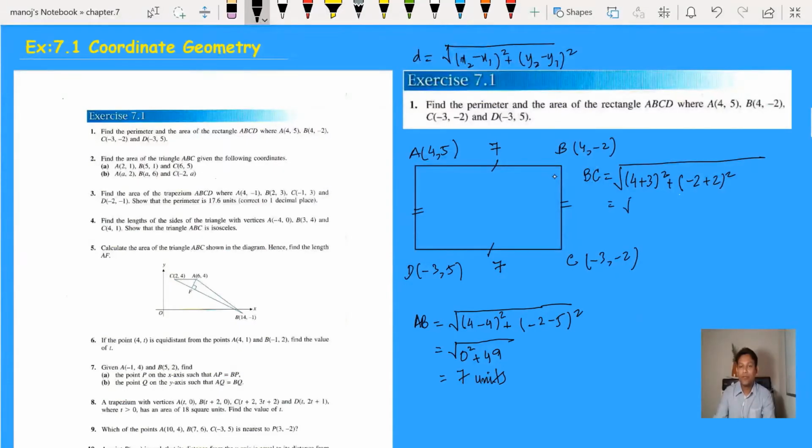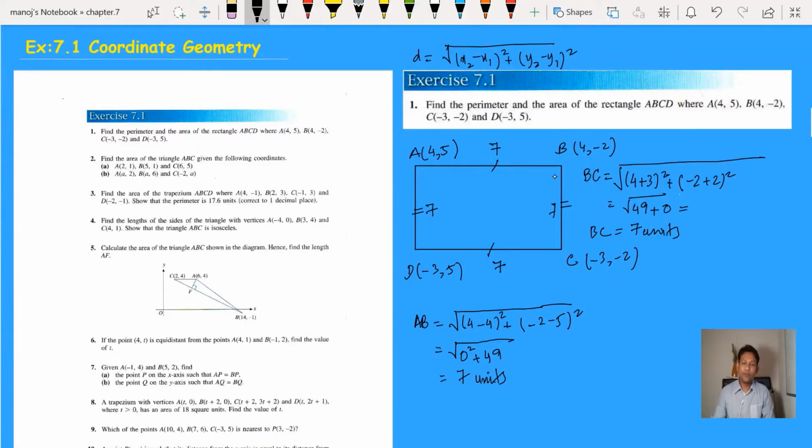This is a very simple question. 4 plus 3 is 7, squared is 49, and this is 0. So the final answer is again 7 units. So basically it's not a rectangle, this is a square actually. So AB is 7, BC is also 7.